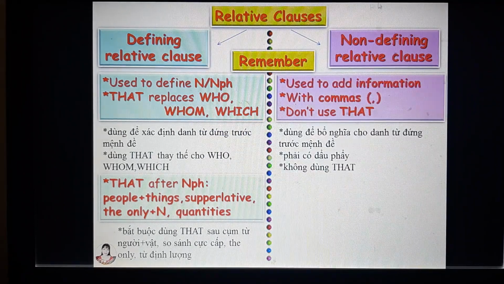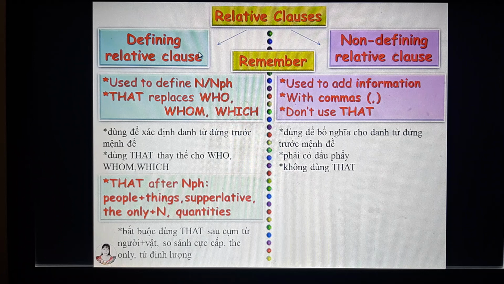And now remember, we use non-defining relative clauses to add information, with a comma. We don't use that. Remember, now compare.